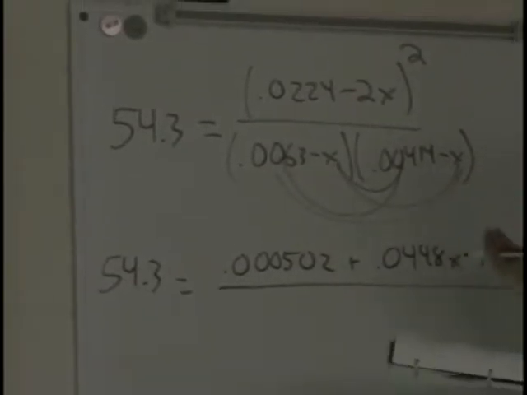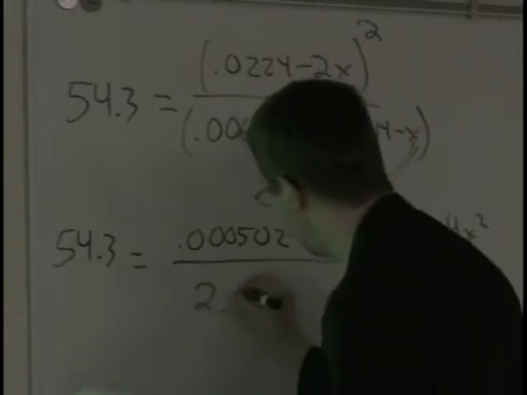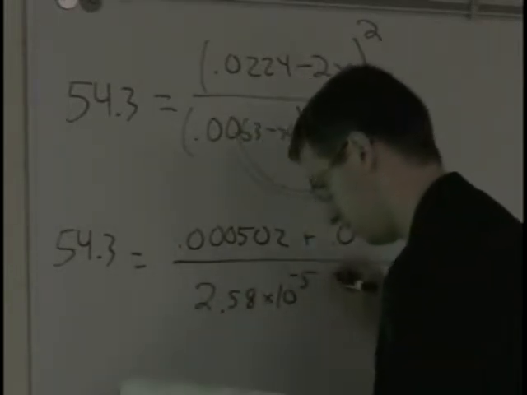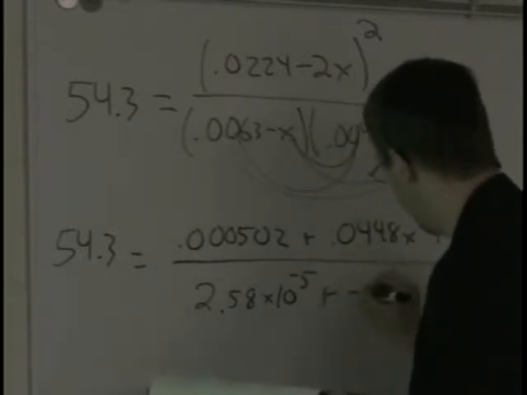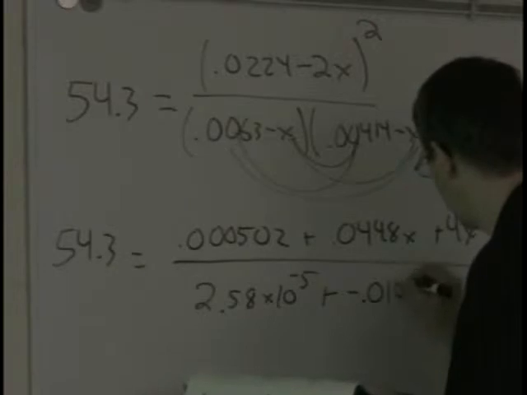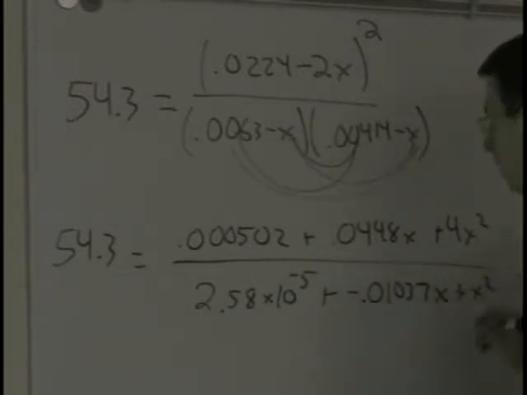Same way in the bottom here, if I solve for that, I would end up with 2.58 times 10 to the negative fifth plus a negative 0.01037x plus x squared. And once again, that equals 54.3.